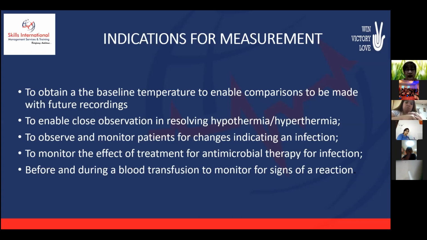Before and during a blood transfusion, to monitor for signs of reaction. So during kasi blood transfusion, nagbibigay ng dugo, nagsasali ng dugo. So kailangan nito every 15 minutes as a standard. So kailangan i-check natin every 15 minutes. Why?